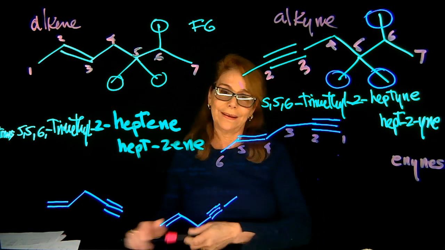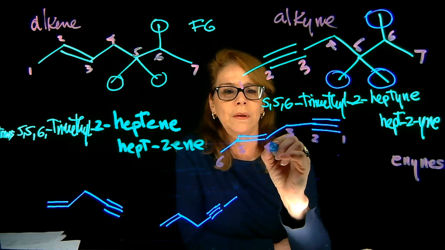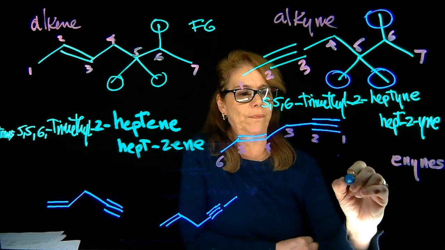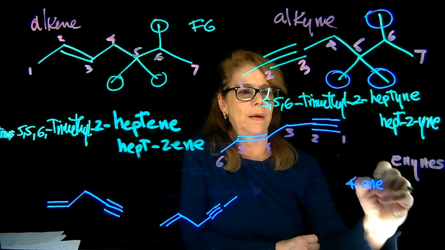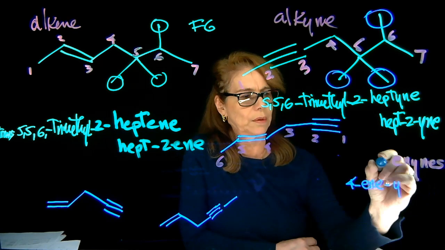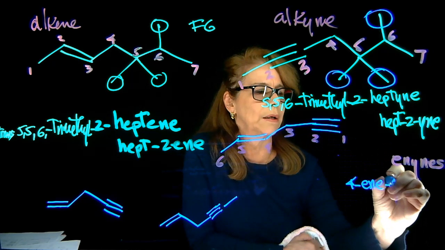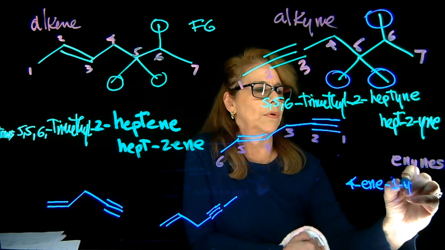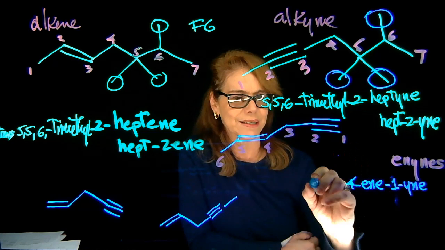And now it's an enyne, but it's going to be 4-ene and 1-yne. Now I need a number 1 because, again, the triple bond is terminal. And I need a prefix, so hex, because it's 6.